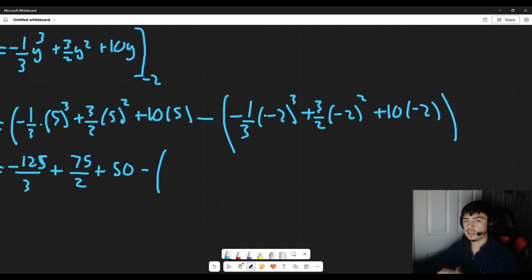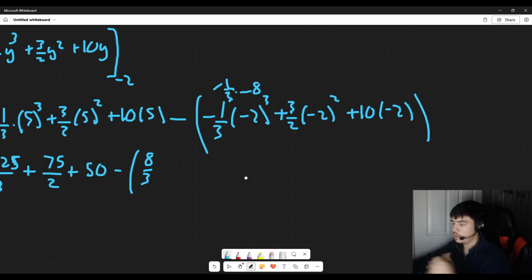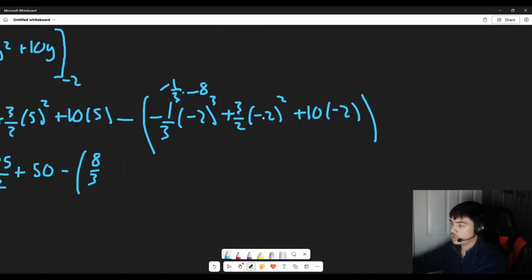So 2 cubed is 8, so we have negative 8. So we have negative 8 times this negative 1/3, so it's going to become positive 8/3. And over here, we have negative 2 squared, even power, so it turns positive. We have 2 squared, 4. 4 times 3, 12. So we have 12/2, and then 10 times negative 2 is negative 20.